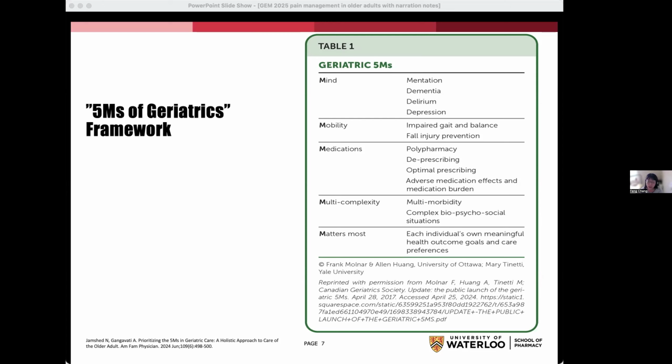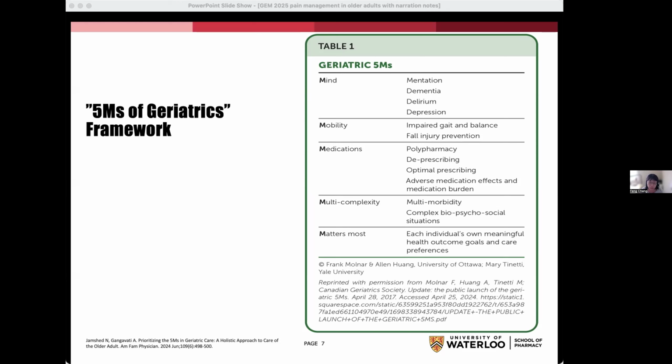So just saying, go do these exercises may not work well, and you want to be feasible and practical with the instructions. Medications: certainly polypharmacy is very common in older adults, so people are on a lot of medications because of their multiple chronic illnesses. And adverse effects, as I mentioned earlier, are also much more common. So you want to be checking what drugs they're on, how they're taking them, and deprescribe where possible.